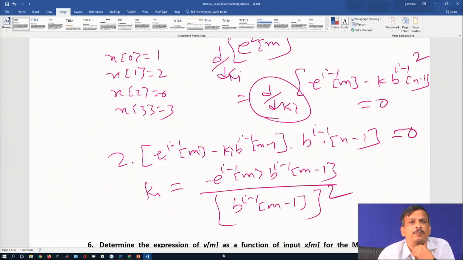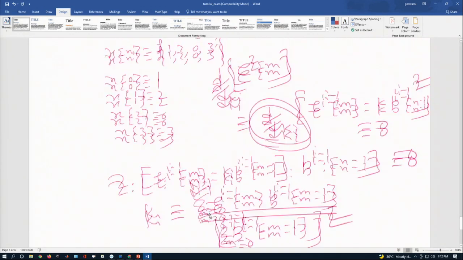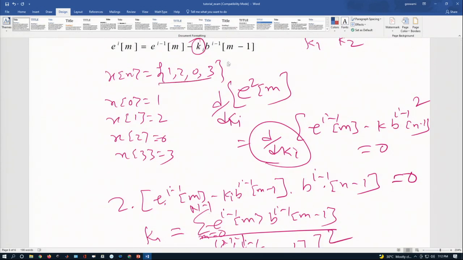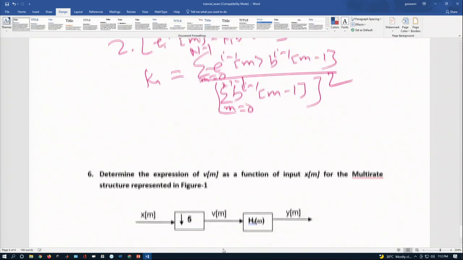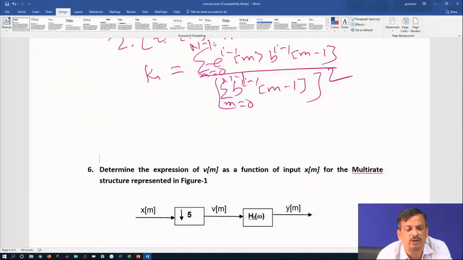Now, m varies from 0 to N minus 1, in both sums. What is N? N is the length of the signal. What is the length of the signal? The signal length is 4, so N equal to 4, and 4 minus 1 means 3.